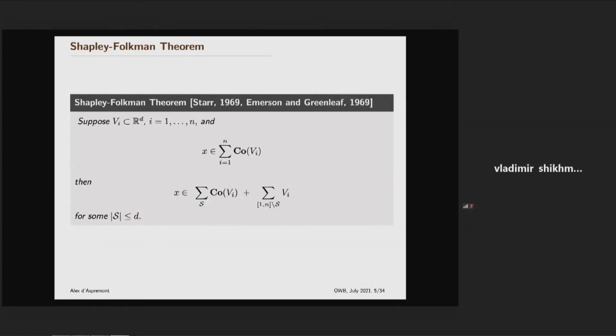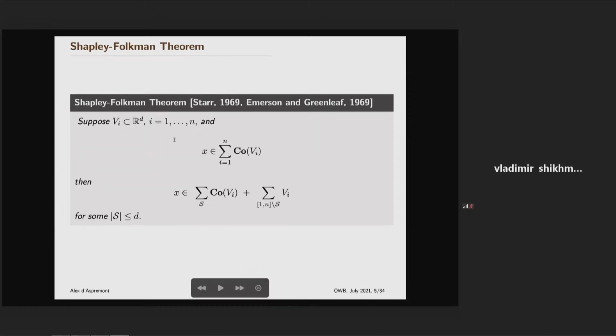In fact, this can be made completely quantitative. This was shown by Shapley and Folkman, and in a paper by Starr in 1969. They didn't really publish the result, but Starr did, and also simultaneously Emerson and Greenleaf in 1969.